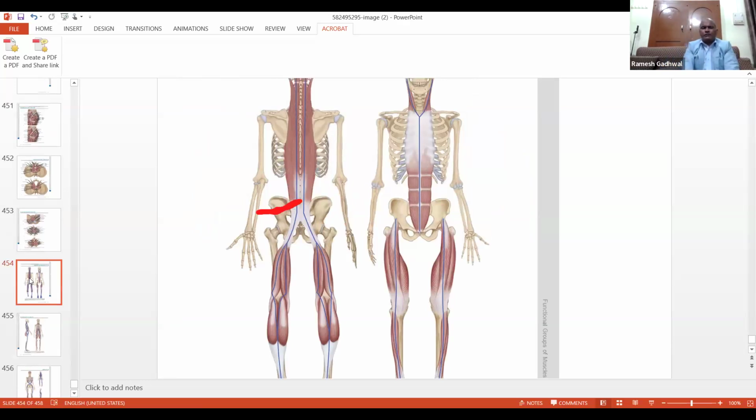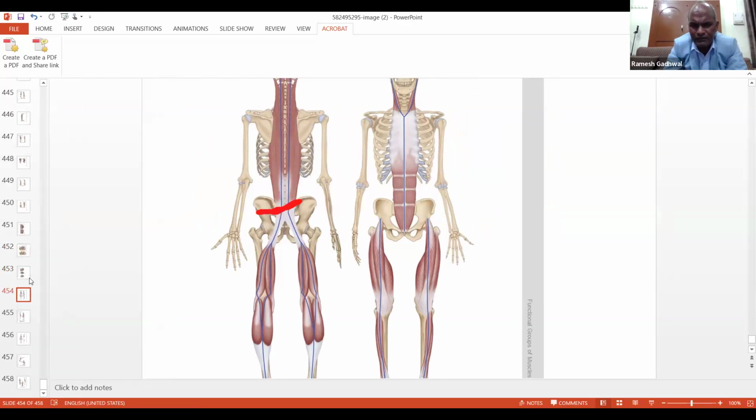Then this is the main thing that I want to tell you. It is the myofascial lines.